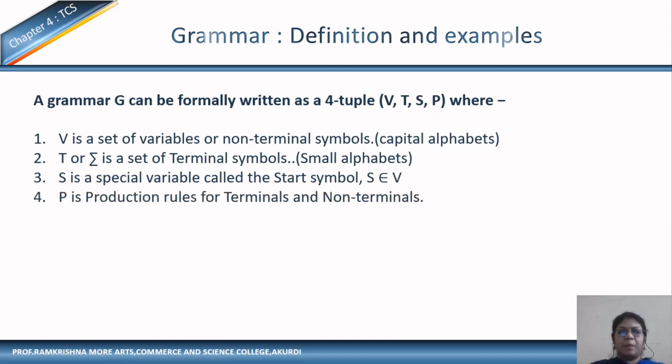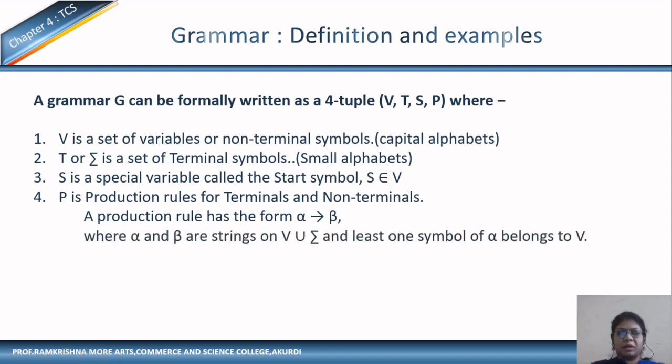Last and important, P is a production rule for terminals and non-terminals. So P is made up of a combination of terminals and non-terminals and has the form alpha gives beta. Alpha can be a combination of terminals and non-terminals, and beta can also be a combination of terminals and non-terminals.